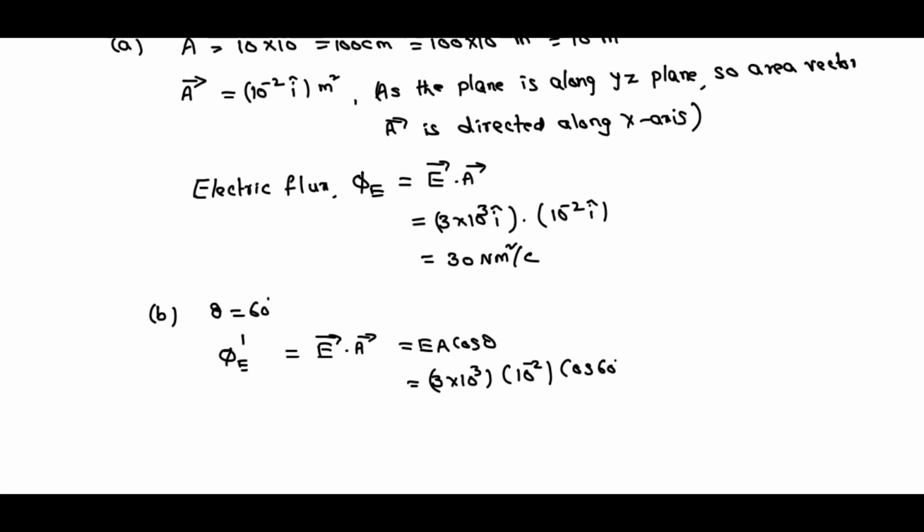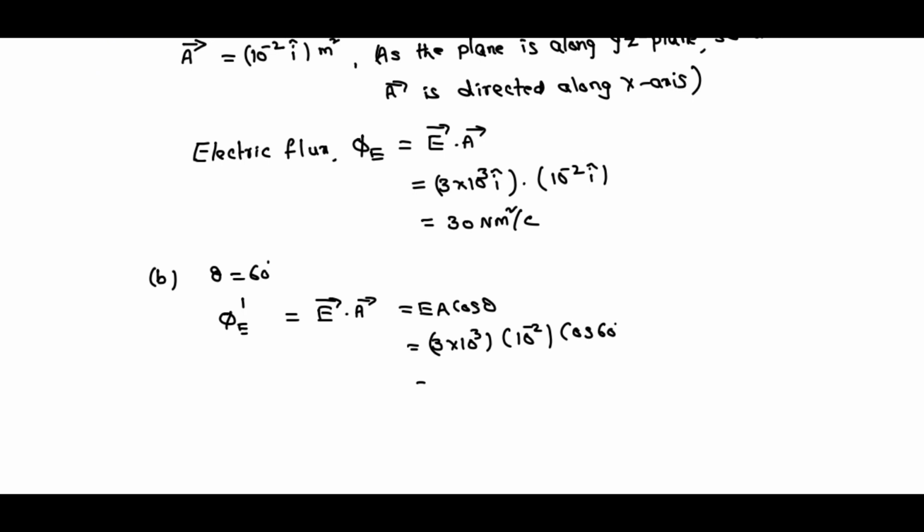This is equal to, we will get 15 Newton meter square per coulomb. This is the answer for second part.